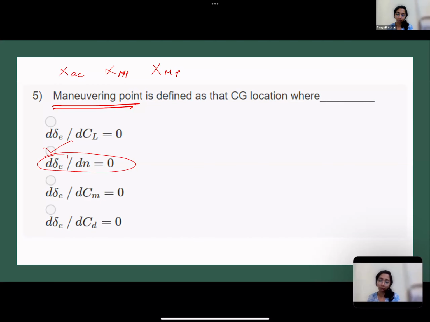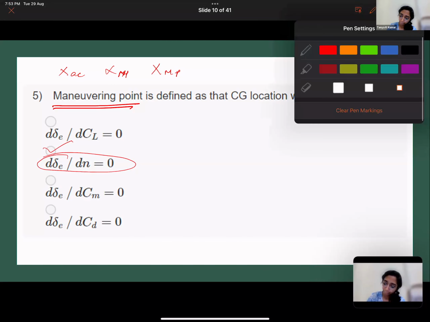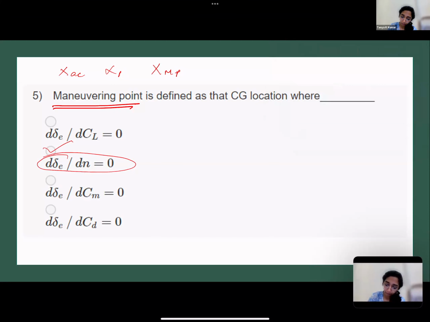How is the neutral point defined? What is neutral point?